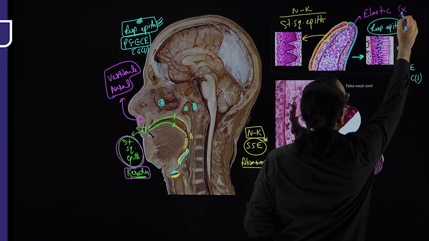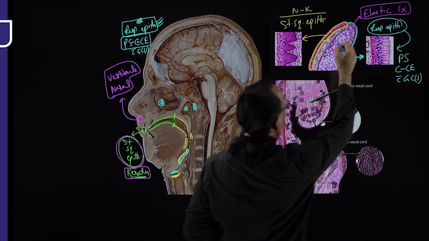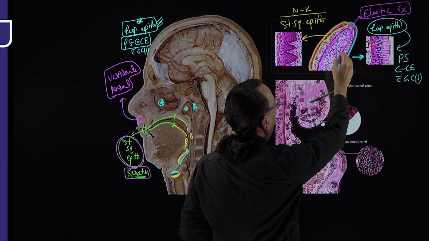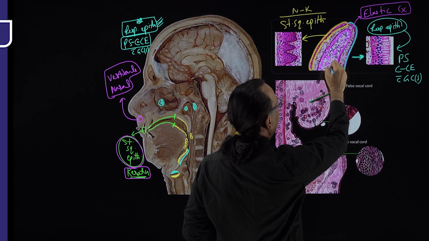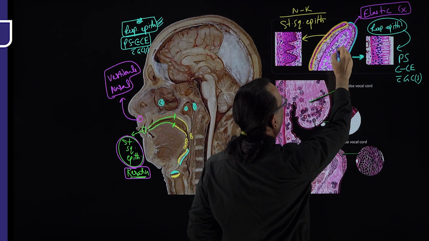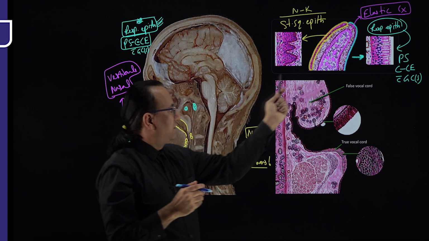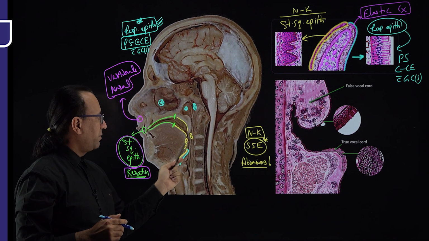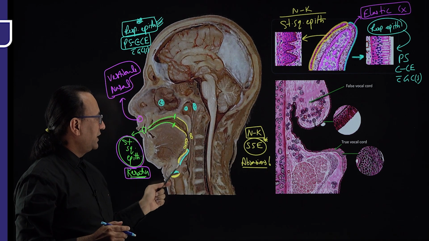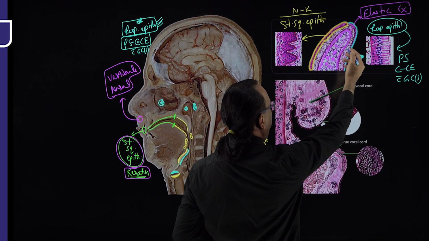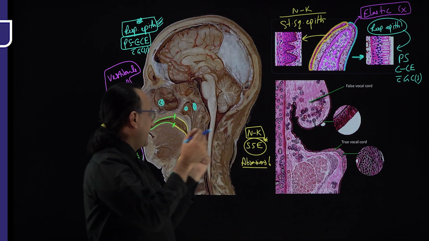So there is an elastic cartilage core in the epiglottis, which has a lot of elastic fibers, some collagen fibers, and a lot of chondrocytes. But if we are talking about the epithelium, there is dual epithelium. The oral surface is the non-keratinized stratified squamous epithelium, and the laryngeal surface is the respiratory epithelium, which was evident here. The same can be told about the larynx as well.